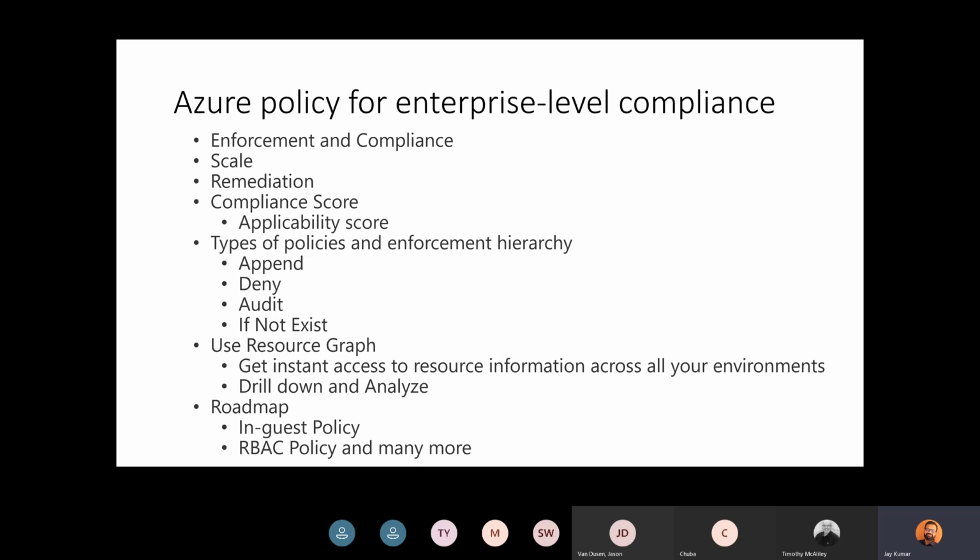And audit policies is actually about after the fact. It doesn't prevent you from doing anything, but it comes back and inspects everything that you have and then gives notifications. And if not exist is more like auto deployment.